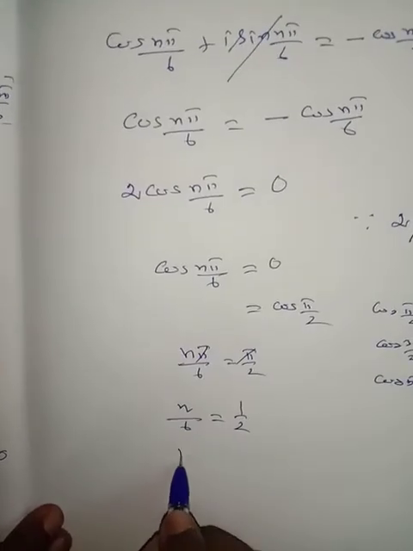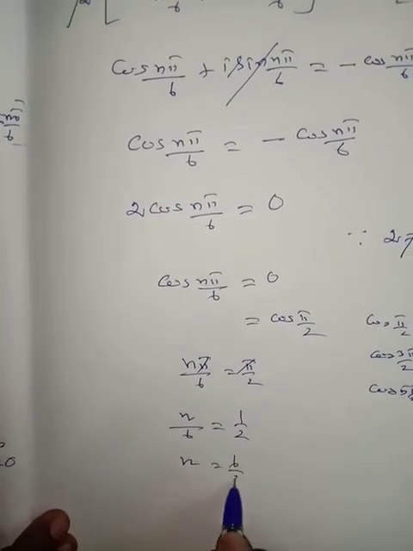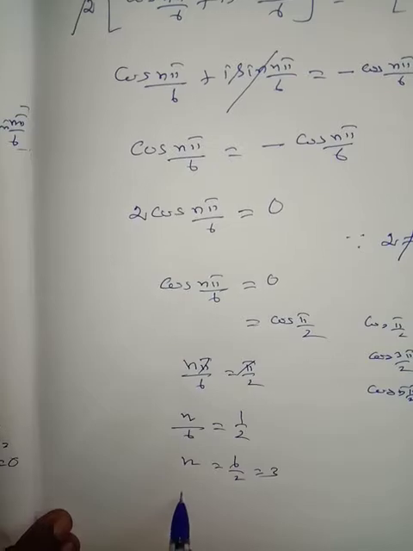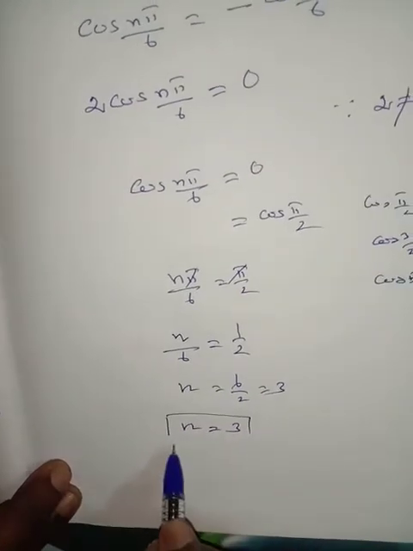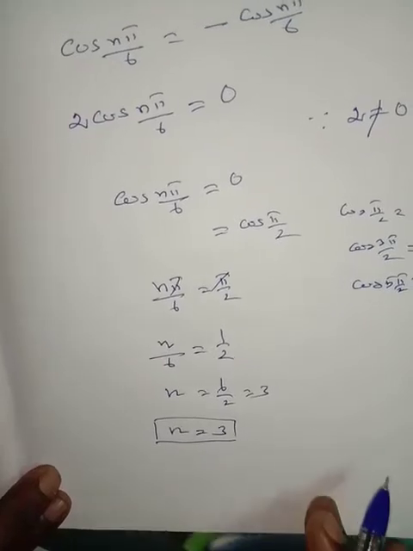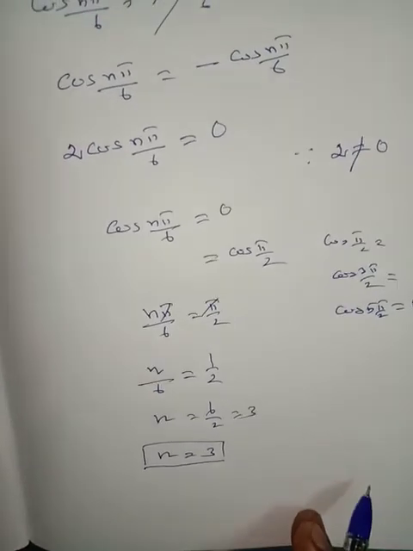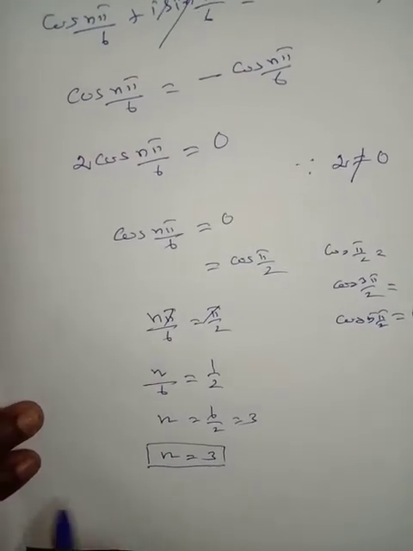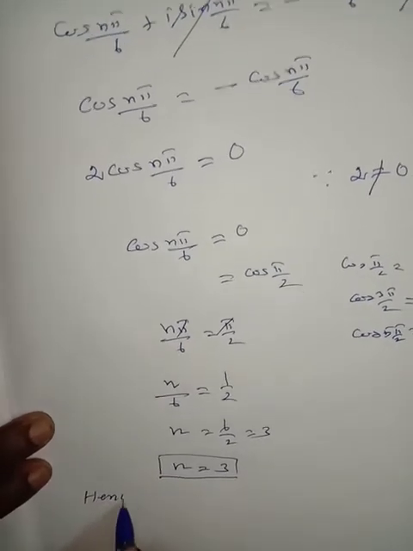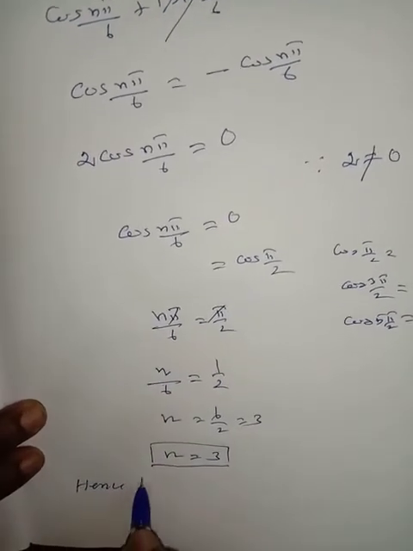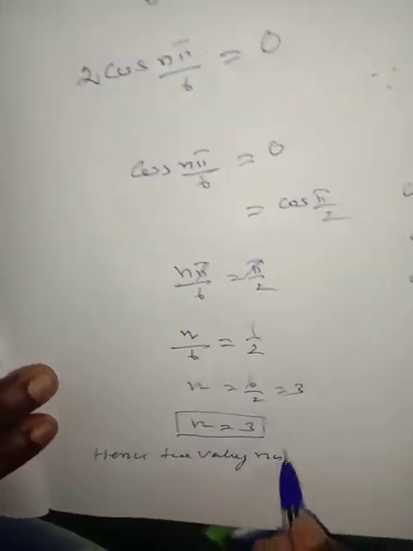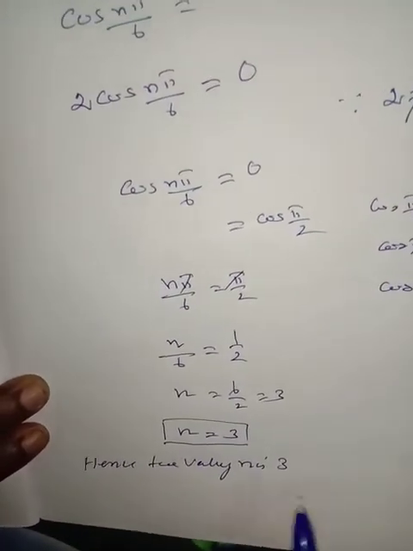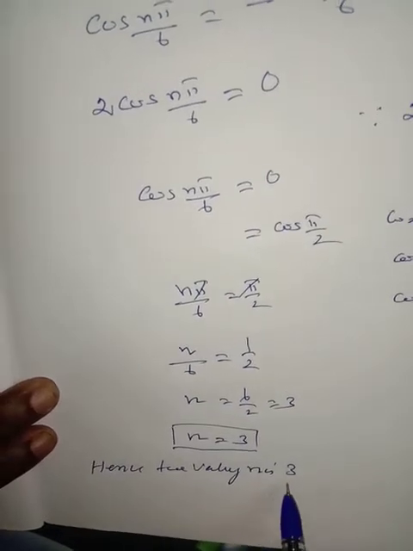Now n is equal to 6 by 2 is equal to 3. n is equal to 3. Hence the value of n is 3 if z is purely imaginary.